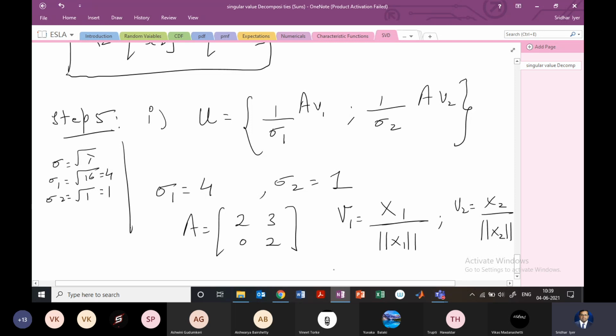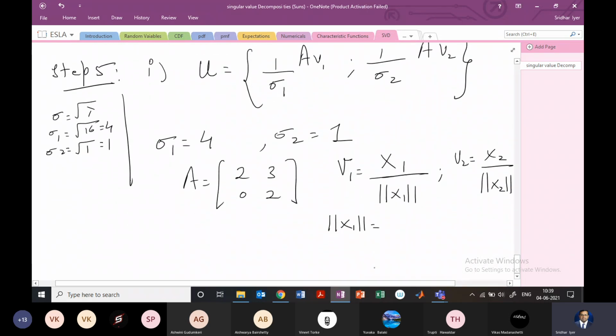The magnitude of x1 is the square root of x1 square plus x2 square. So we'll have to get the two values of x1. If you look at the vectors, x1 is the column vector 1 and 2, right?